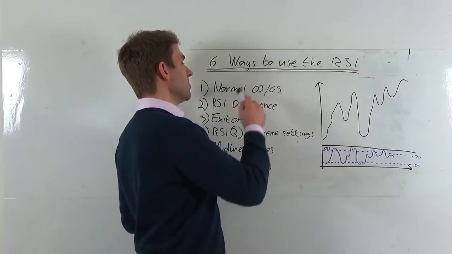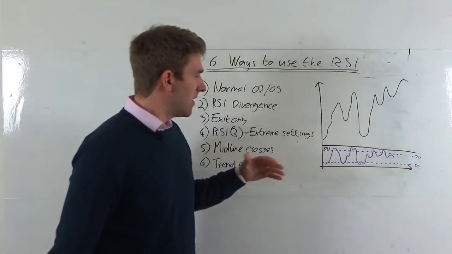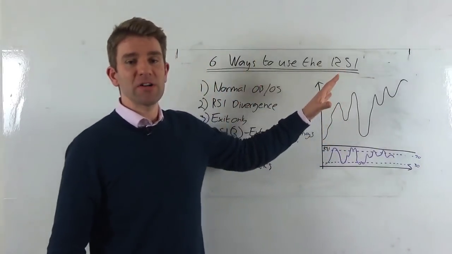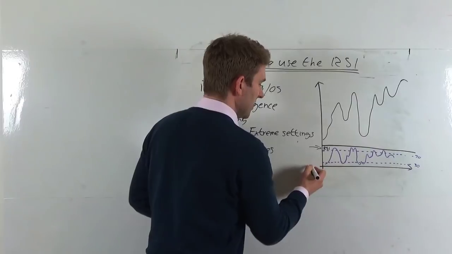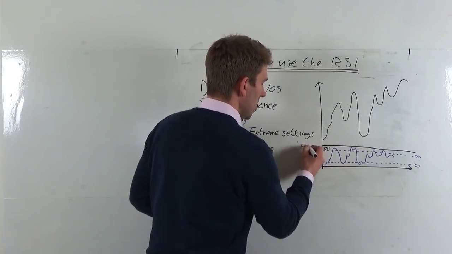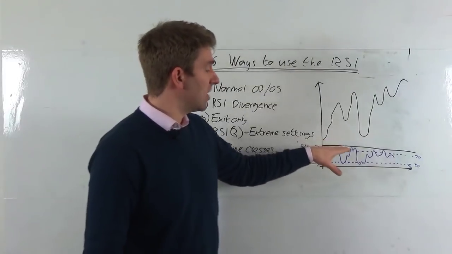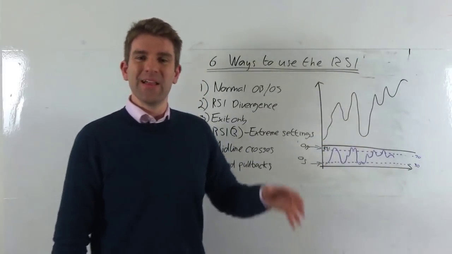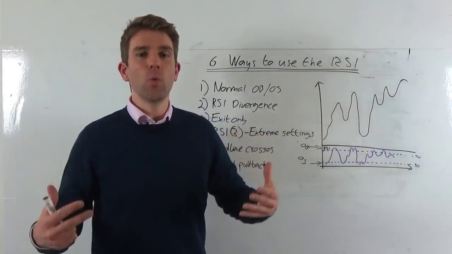All right. The first one is the normal overbought and oversold, which is what most people are familiar with. When price moves up, our RSI is going to move into an overbought condition, which is in the top part of this segment here. And then when it moves down, we're going to move into an oversold condition. And the general idea is we sell when we're overbought, we buy when we're oversold. That, when back tested with different things, isn't really a winning strategy.